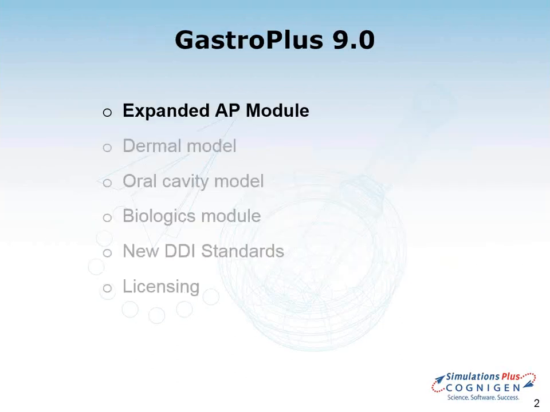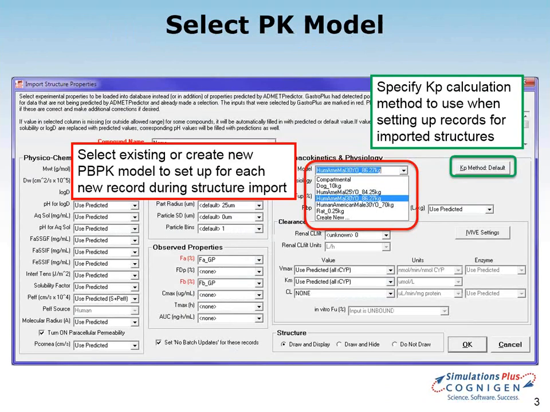To get started with the modifications or expansions on the ADMET Predictor module, one aspect that you will see, especially for those utilizing GastroPlus in the early discovery stages, you will be pleased to see that you can finally do a complete PK model setup during the structure import.